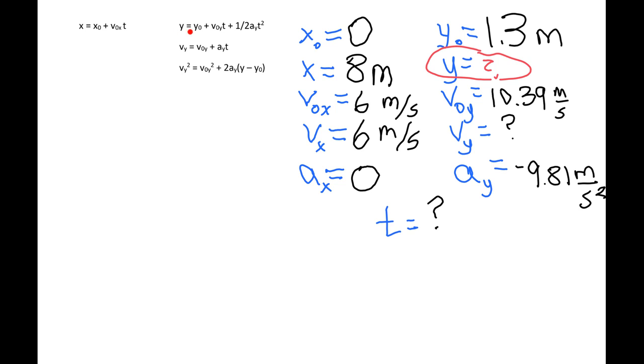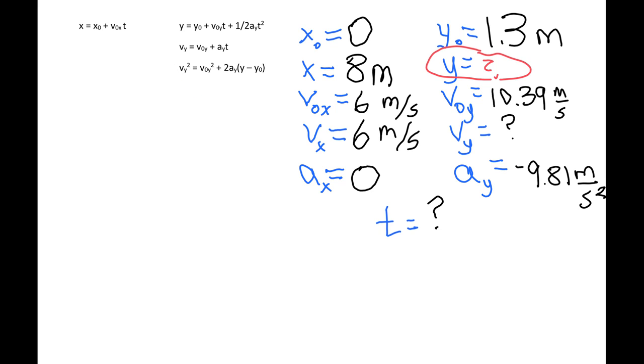In this first equation, we'd need to know time, and we don't know how long that ball is in the air. If we were to use this equation, we'd need to know the final velocity of the ball in the y direction, which is also not something that we know. So as far as y direction information, we're kind of stuck.